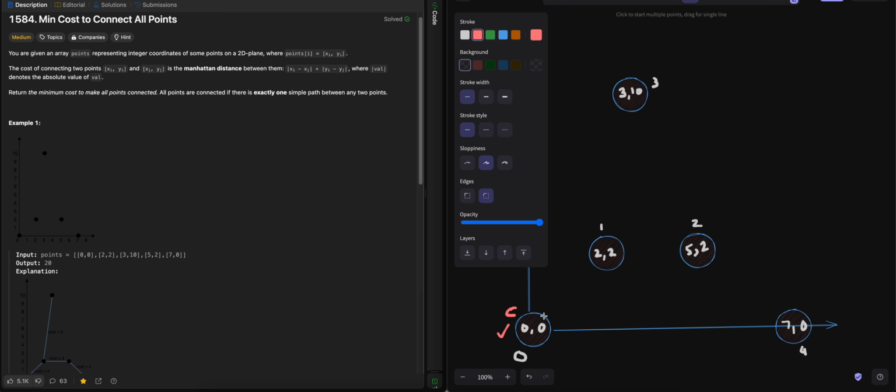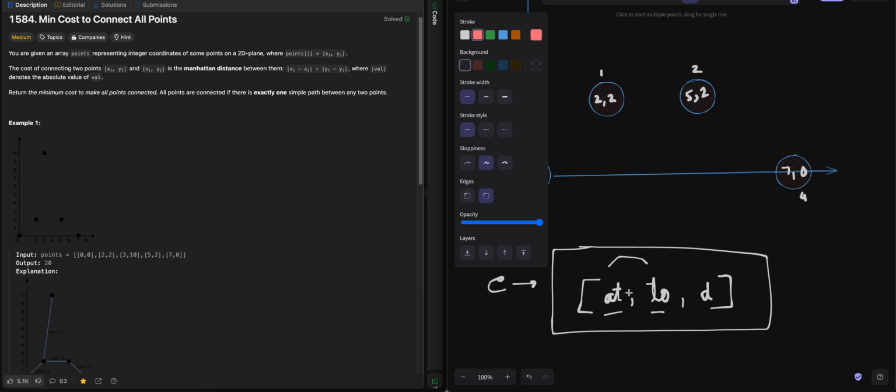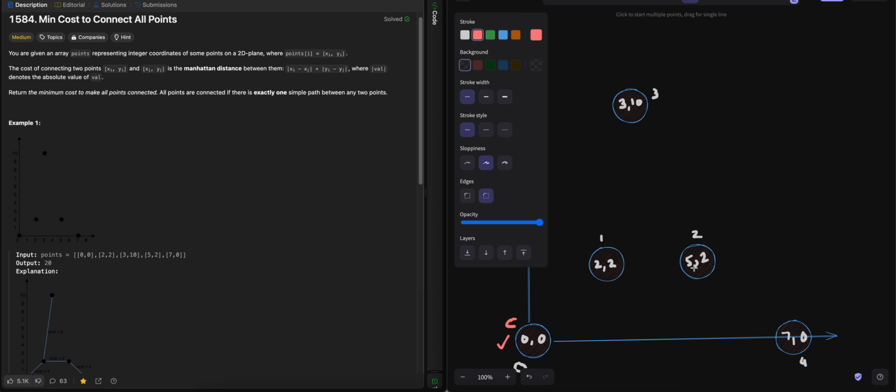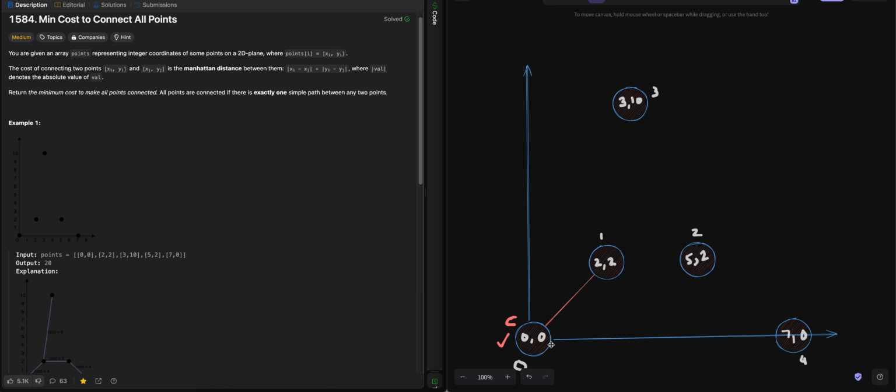So I'll try to visit them one by one and mark their distance, and I'll also store this edge value. So let's say I visited vertex number 1.